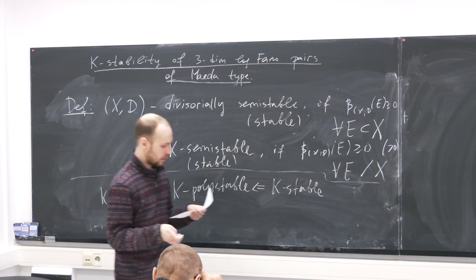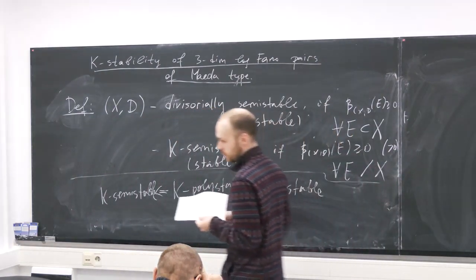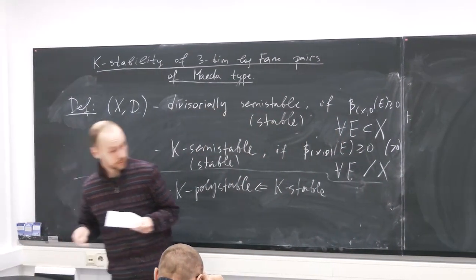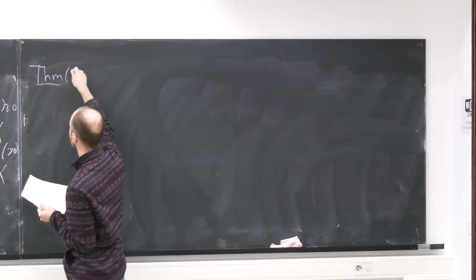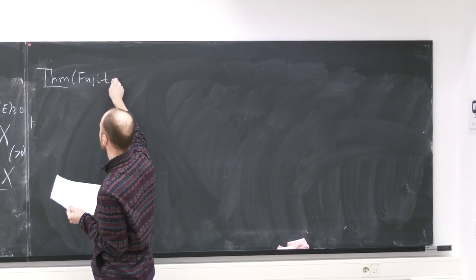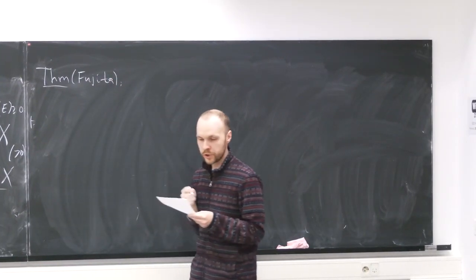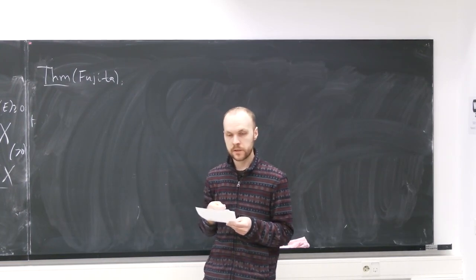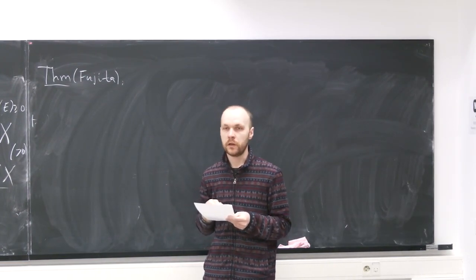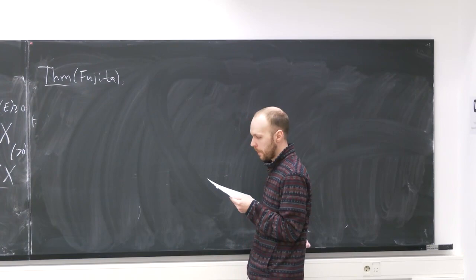So I'll start with a result of Fujita, which is also proven by Rubinstein and Chiltsov in a slightly different setting of asymptotically log Fano pairs.